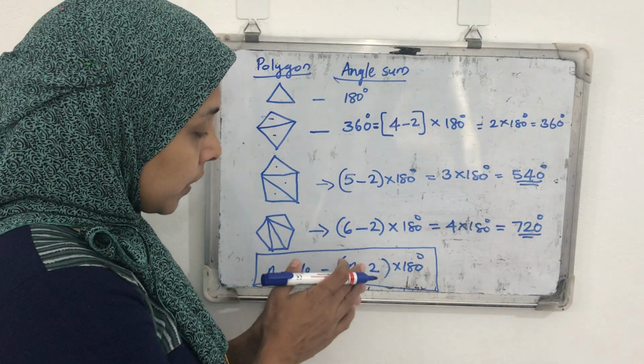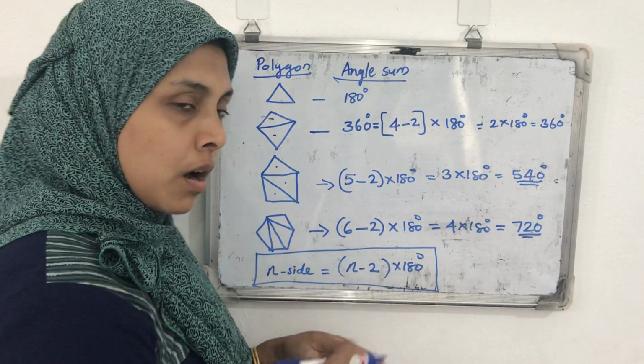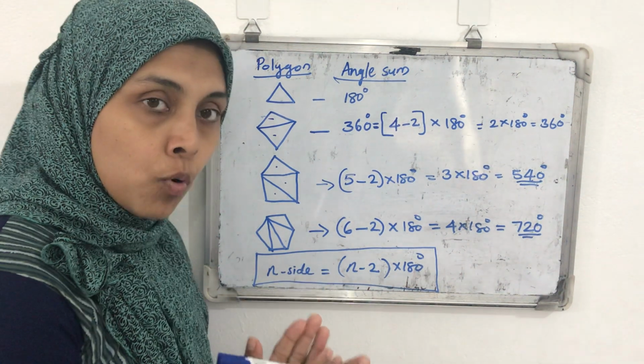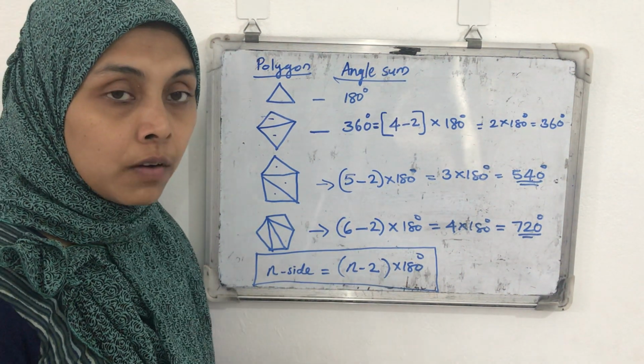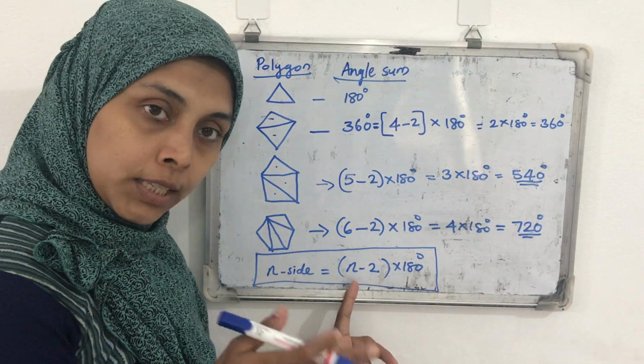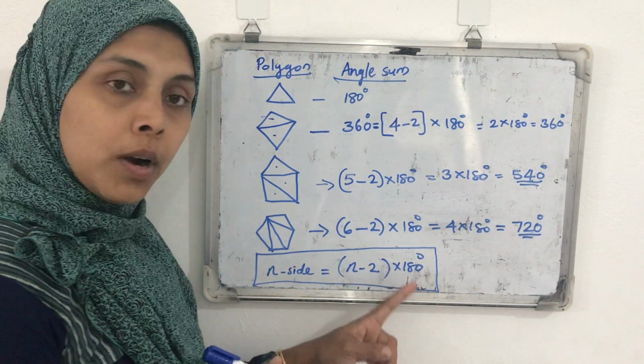With this equation we can find the angle sum for all polygons. Suppose it is a polygon with 10 sides: instead of n we put 10, so (10 minus 2) into 180.